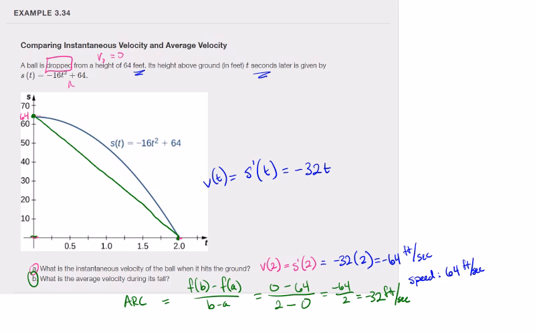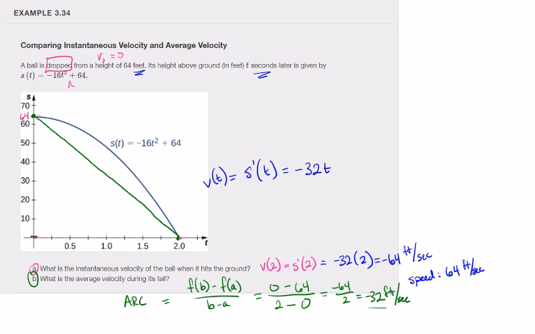Okay, so the instantaneous velocity was negative 64, whereas the average velocity was negative 32 feet per second. All right, so you can see that for a function that's going faster and faster in terms of speed, the point where it almost hits the ground is going to be the fastest point, right?